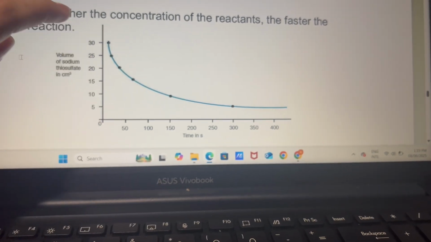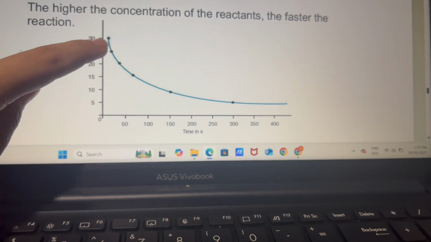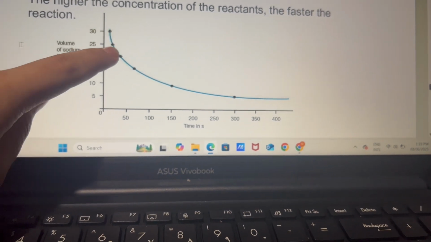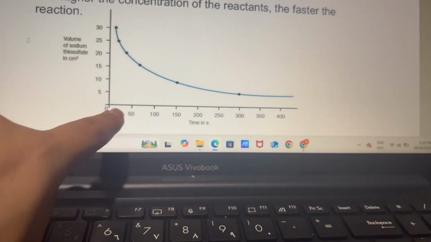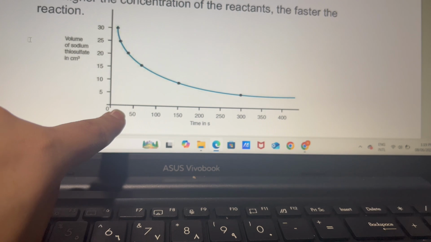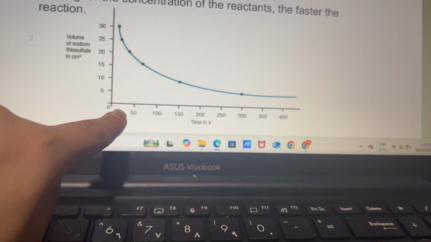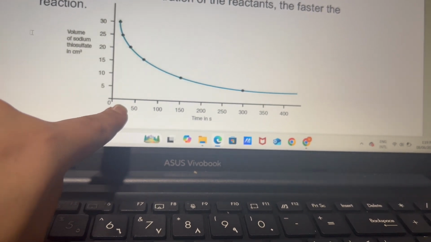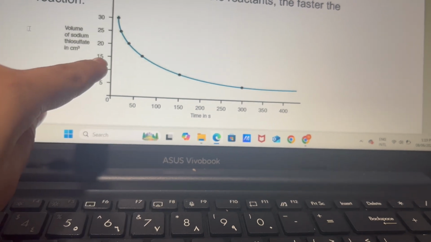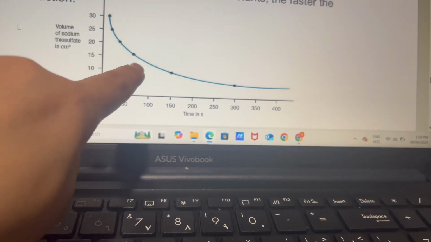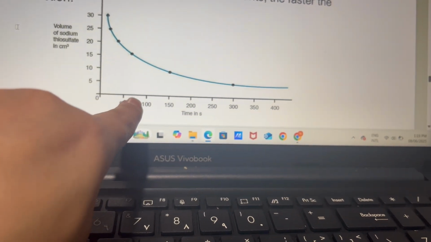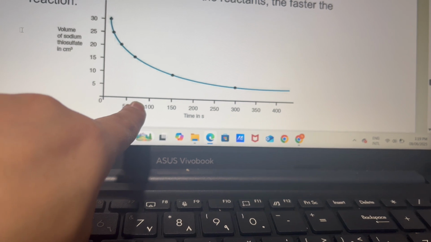Actually, when the volume was 30, it was so concentrated, the reaction took a very short time, almost 20 seconds or less than 20 seconds. But when the concentration became less, like 15, it took like 75 seconds or something.